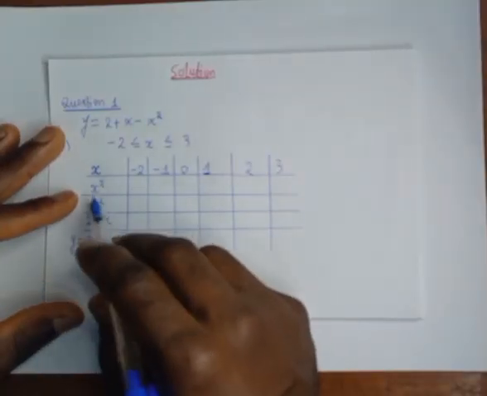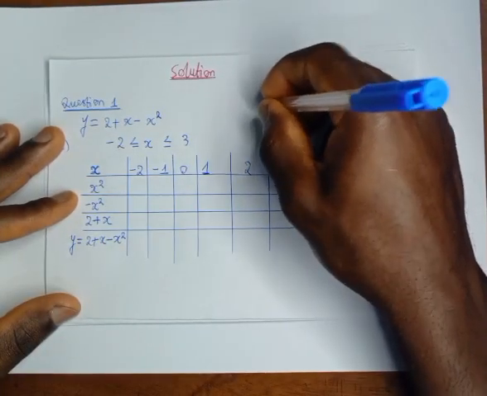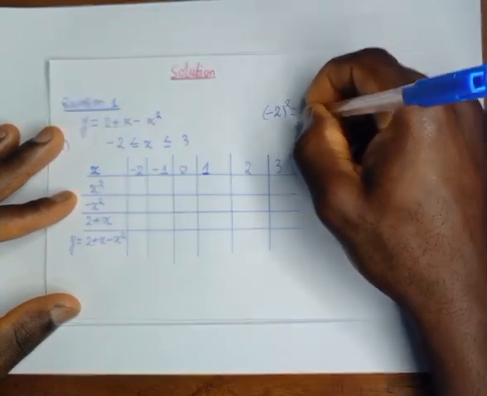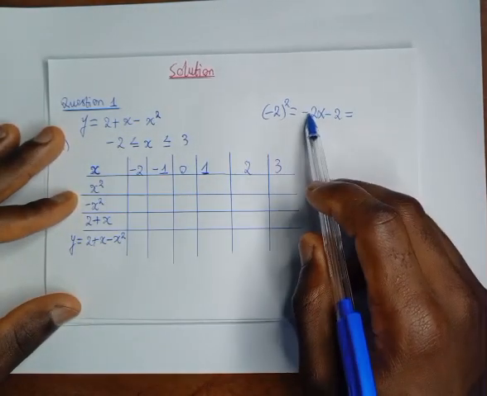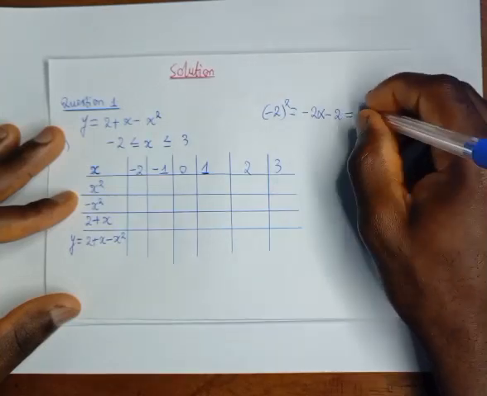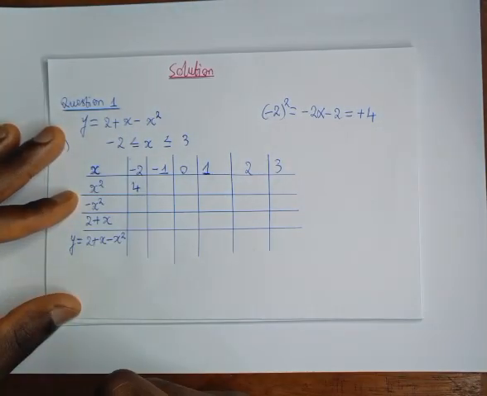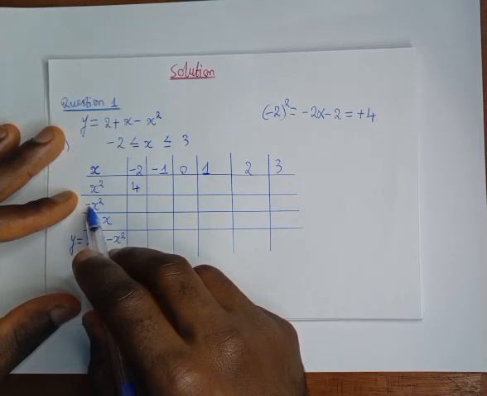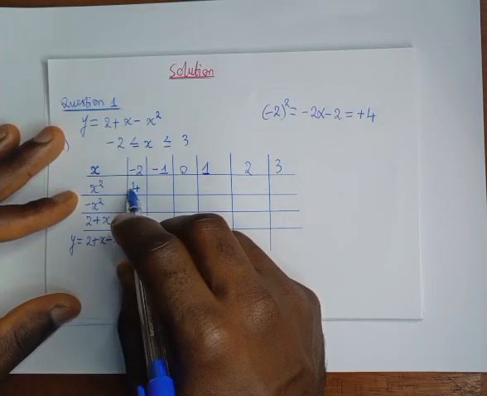Next, we need x squared. Negative 2 squared is negative 2 times negative 2. We are multiplying two negative numbers, so the result will be positive. 2 times 2 gives 4. This will give us 4. Negative x squared: we attach a negative sign to this result.